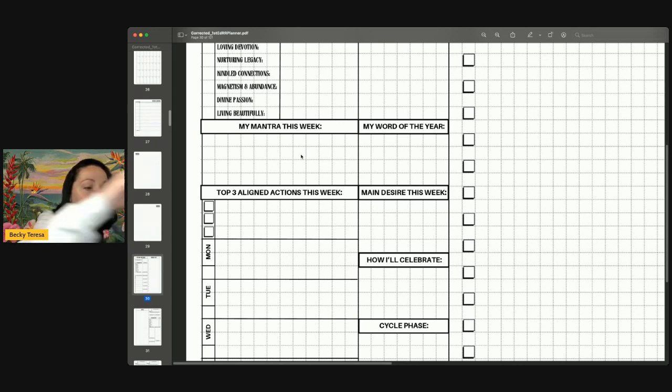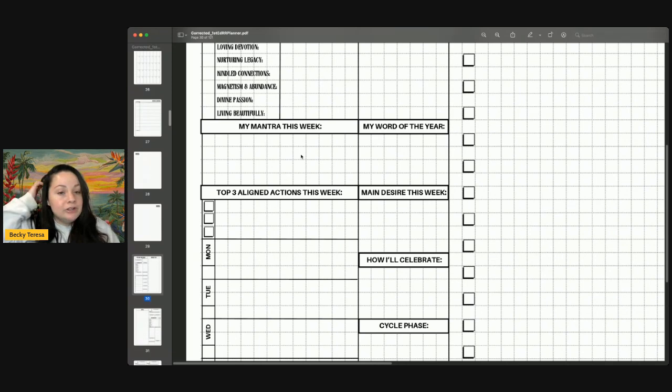And so every week, since there's 12 categories, you can pick one of them, or two of them, whatever you want to do. And then you would write it here this week so that it's at the forefront of your mind, and you can just set it to memory and remember, this is my mantra for this particular week. And it's based off of one of your chambers, one of your life categories.